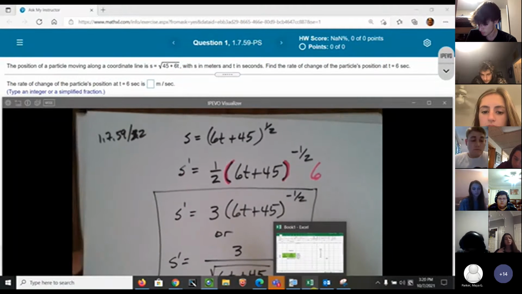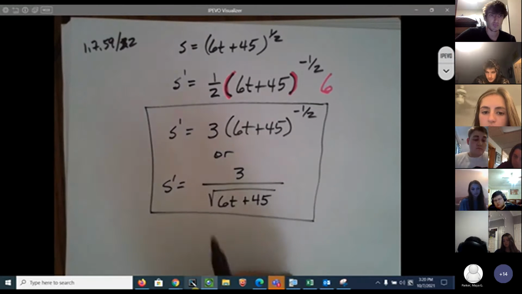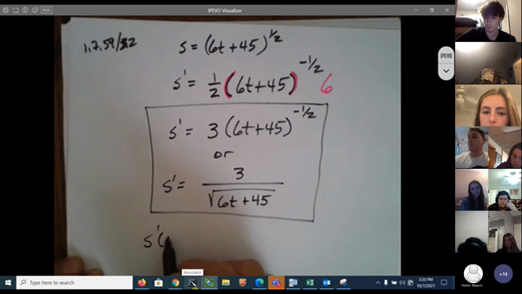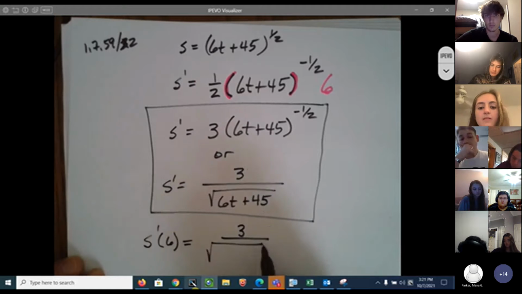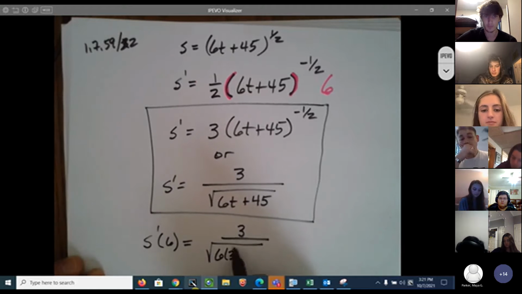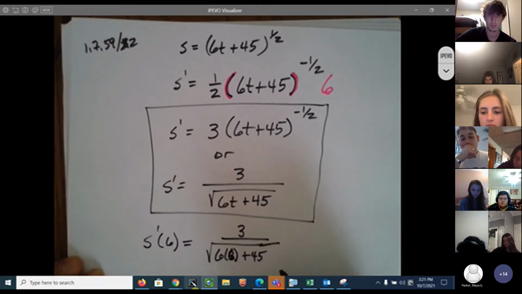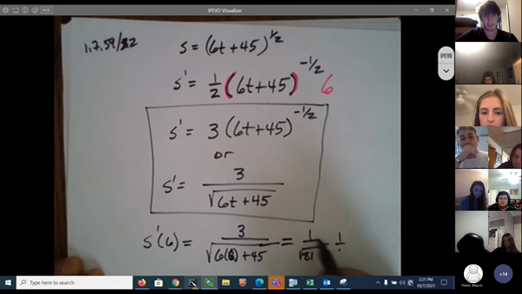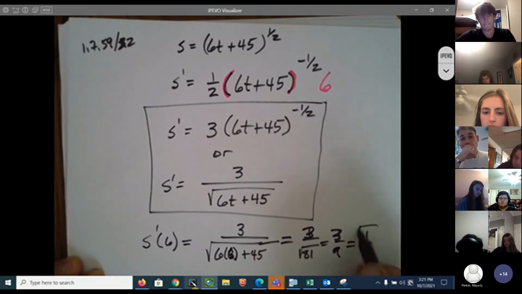Plug in a 6. S prime of 6 is equal to 3 over the square root of 6 times 6 plus 45, 36, 81, square root of 81 is 9, 3 over 9, 1/3.